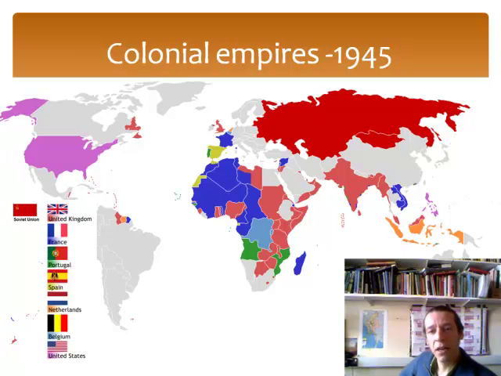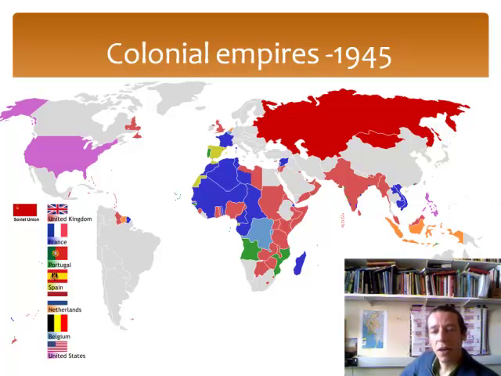And so by the end of the Second World War in 1945, large areas of the globe were under colonial control. But European countries had really lost their ability to run these empires. They were exhausted after the war. So we see soon after this map, most of those countries becoming independent.